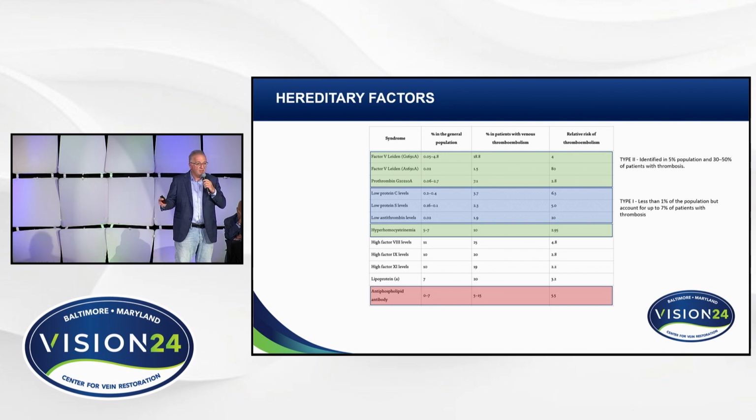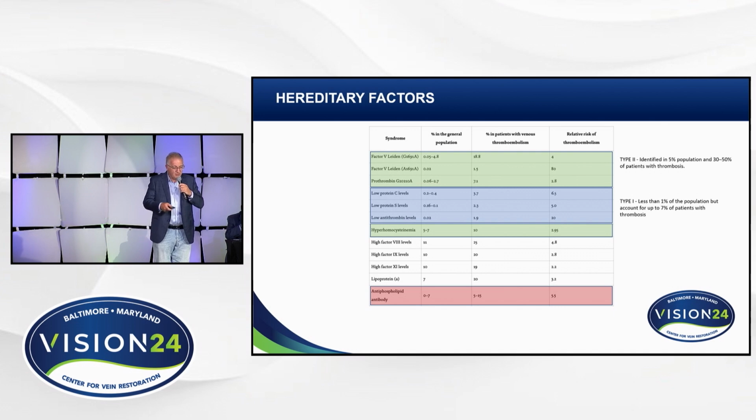But more importantly, what are the factors that I mentioned earlier as far as acquired, whether the incident was primary or secondary, provoked or unprovoked, and if the risk factors were transient or chronic.